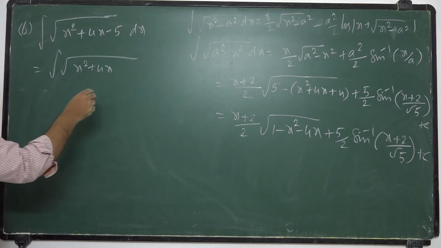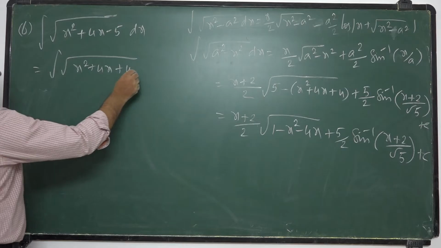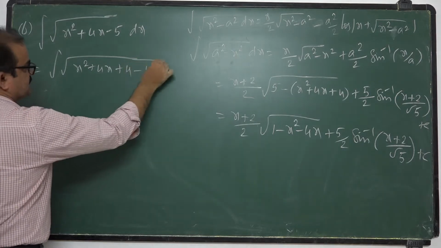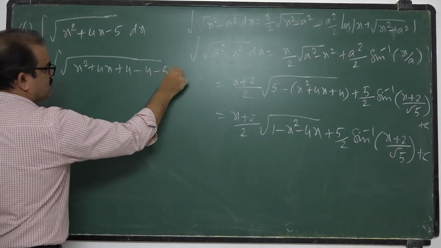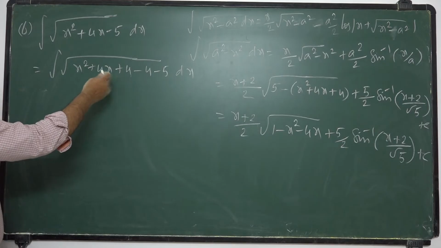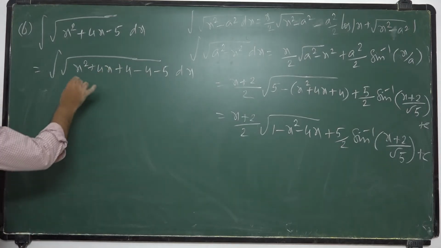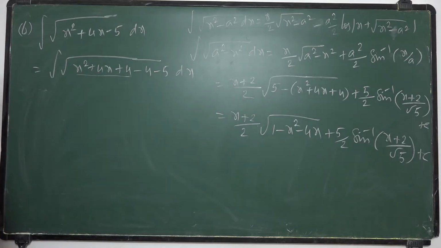When it is a perfect square, there is plus 4, so you add 4 and subtract 4. If you add one term and subtract the same term, there is no change. Now the first three terms are the square of x plus 2.